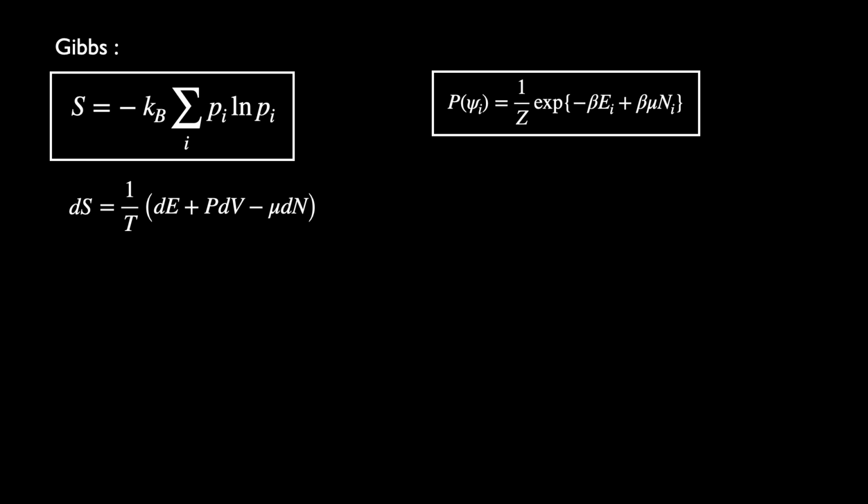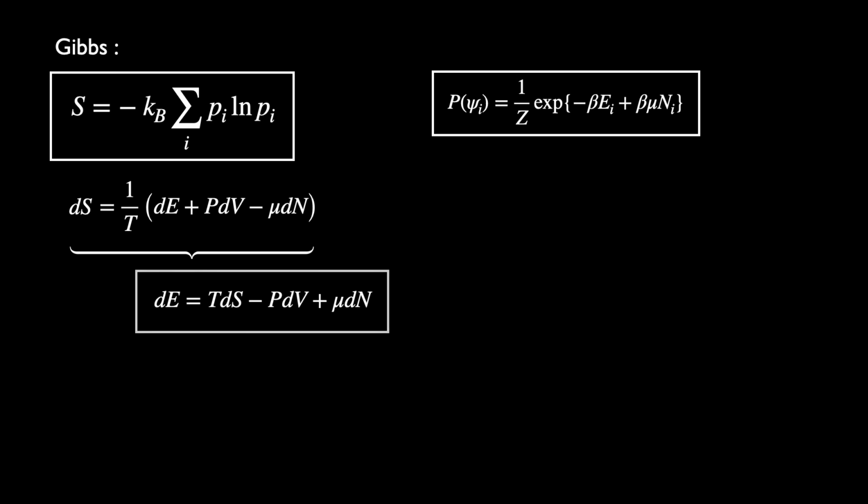Putting everything together, we have dS equals 1 over T times dE plus P dV minus mu dN. Rearranging this gives us the more familiar form in terms of the change in energy. This concludes the proof of the first law of thermodynamics.